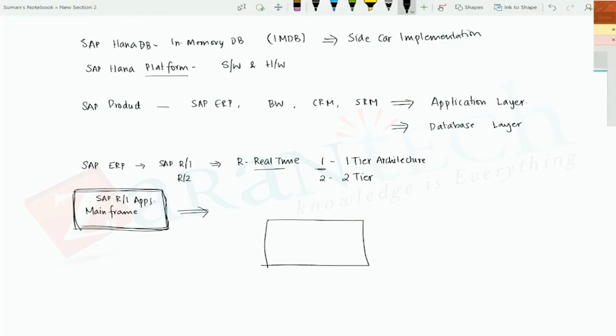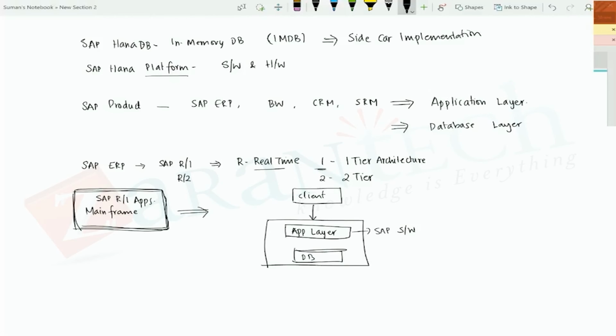I have one system which contains an application layer. Think of the application layer as your SAP software. And then an underlying database. This database could be any traditional database like SQL Server or Oracle. And this system will be accessed by a client.